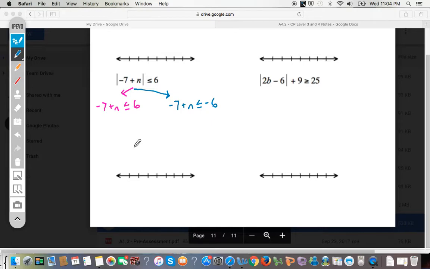Okay? Again, this expression right here is 6 units away from 0 on the number line. So, since I already have my blue out, I'll solve this one right over here. So to get n by itself, I'll add 7, so these cancel. So I have n is less than or equal to 6 plus 7, which is 13.